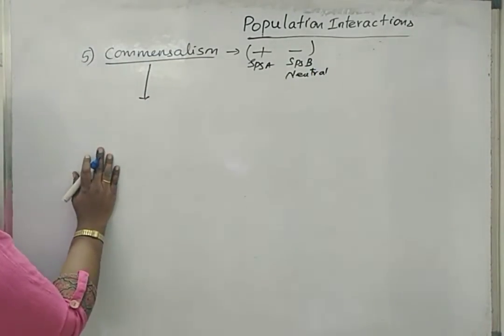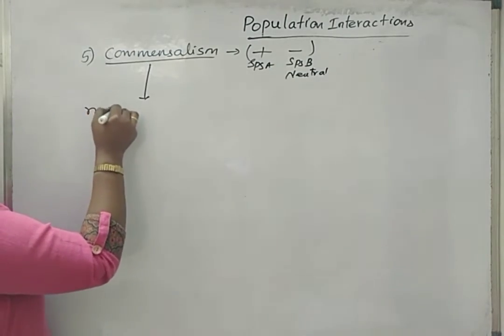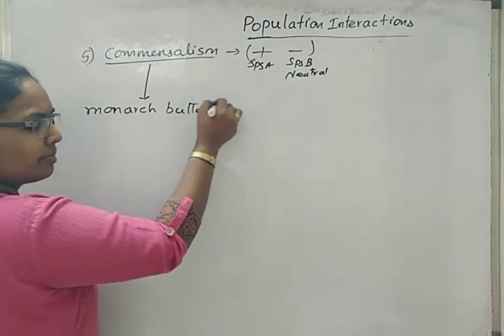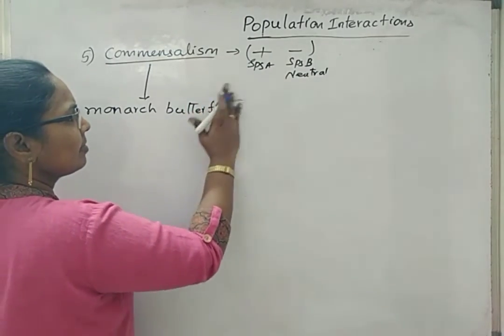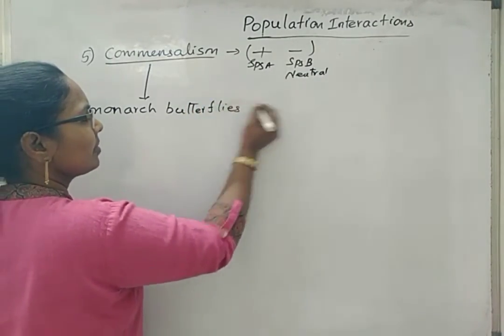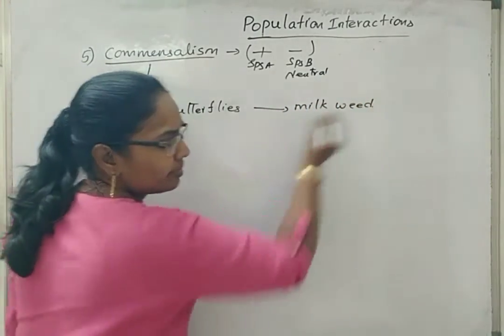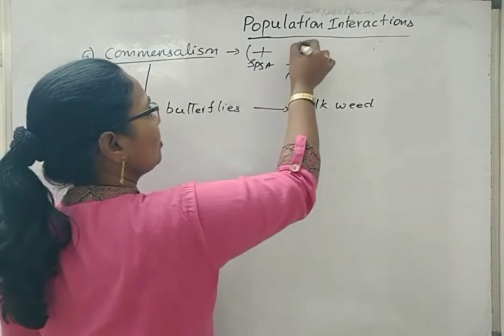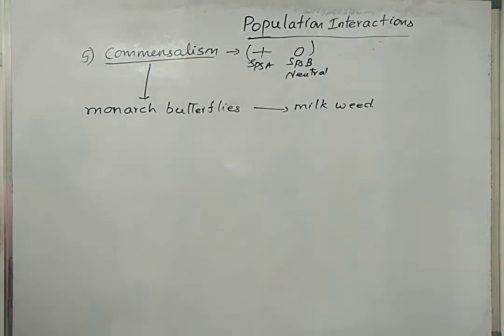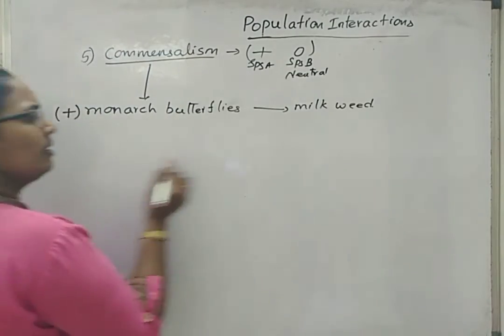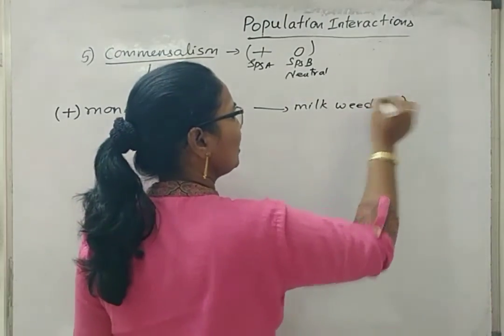We can take some examples like monarch butterflies, which feed on milkweed. So here we have to use a symbol like 0. In case of monarch butterflies, these are benefited. There is no harm for milkweed.